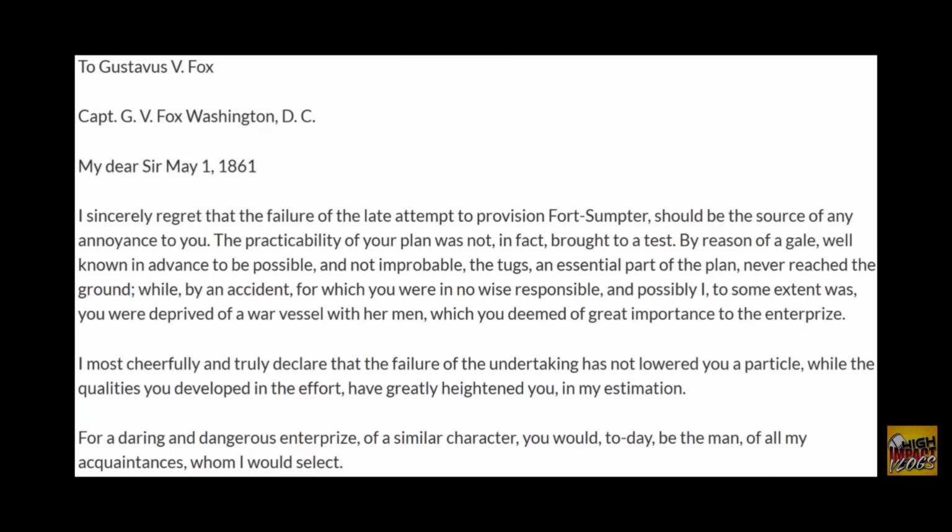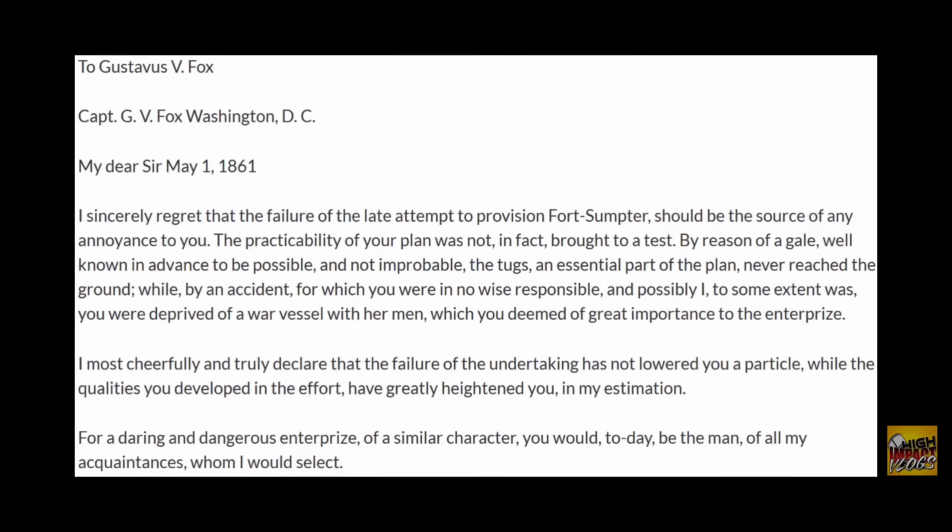By reason of a gale well known in advance to be possible and not improbable, the tugs, an essential part of the plan, never reached the ground, while by an accident, for which you were in no wise responsible, and possibly I, to some extent, was, you were deprived of a war vessel with her men, which you deemed of great importance to the enterprise.